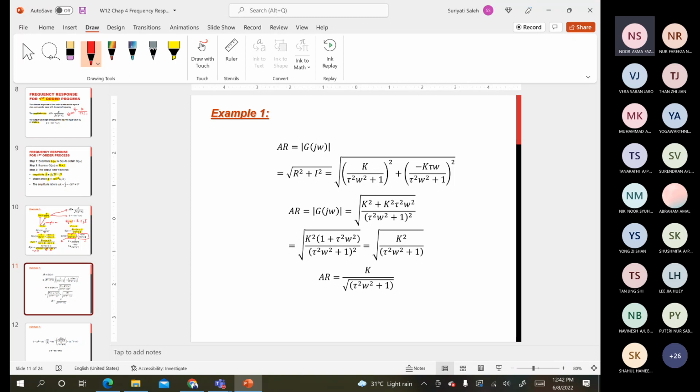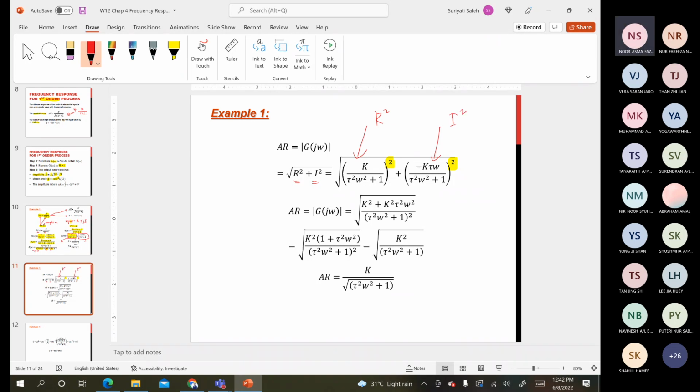In this case, we no longer need the j, we just take the expressions of R and I. So the equation becomes K over tau square w square plus 1, squared, plus negative K tau w over tau square w square plus 1, squared. This part represents R square, and this represents I square.